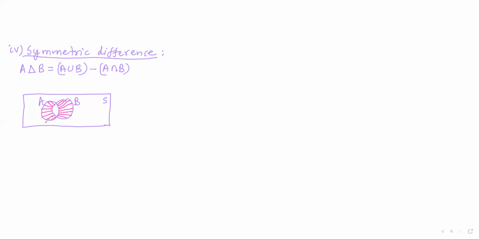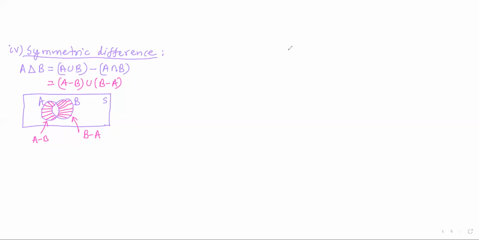And already we have learned this part is called A minus B, and this part is called B minus A. So A symmetric difference B is equal to, another definition you can write, A minus B union B minus A. That means if you take the union of two differences, that is A minus B and B minus A, then that will represent A symmetric difference B.